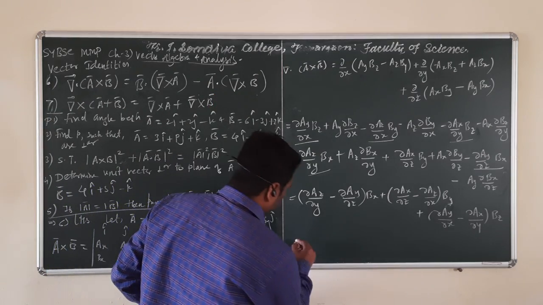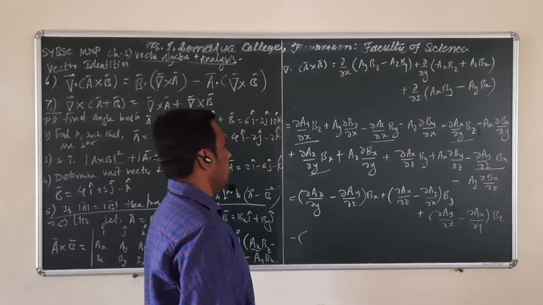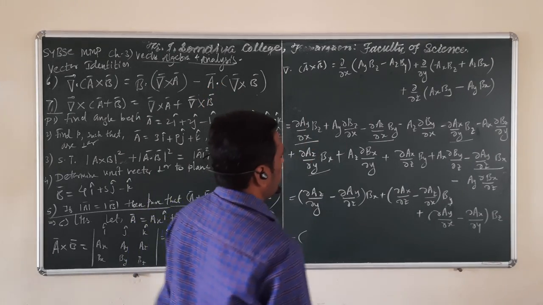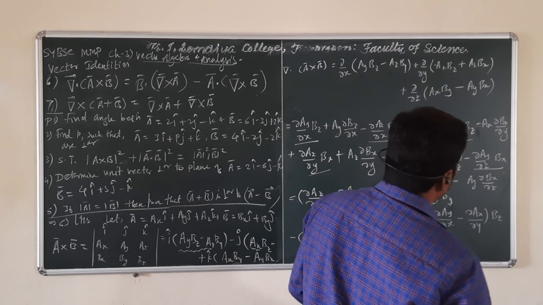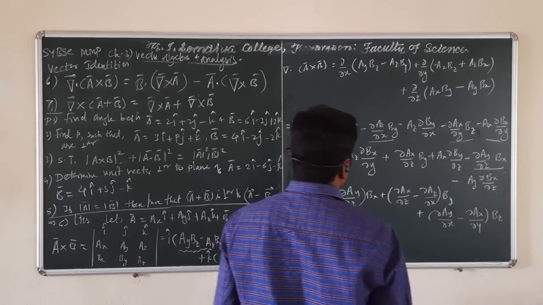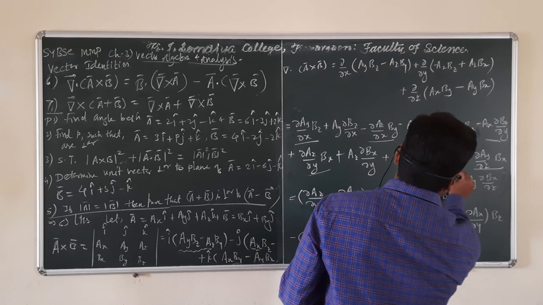So if you take minus as common, then we have to collect the terms which include ax, ay and az. Now see, the term of ax: here we have this term, and another term for ax is there.